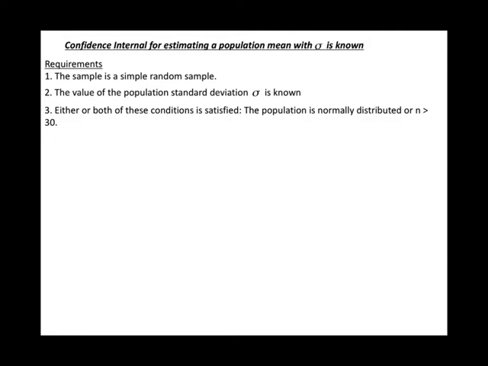So follow this step. First, find out the critical value. Okay, just like the example 1 and 2. Then find out the margin of error. Okay, you know the critical value from here and the population standard deviation is given. Sample size n is also given. So figure out what is the margin of error. And then construct the confidence interval.